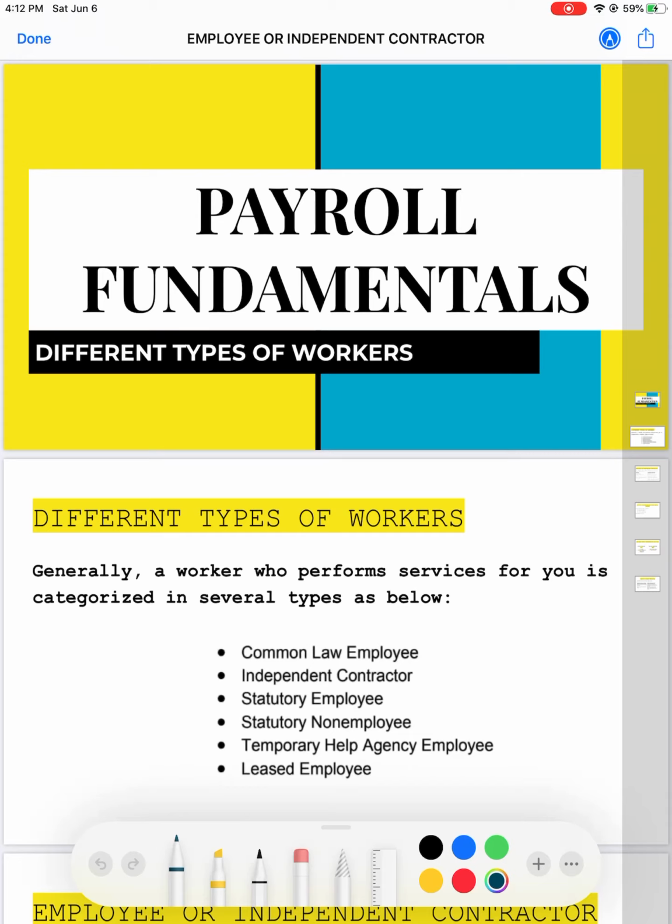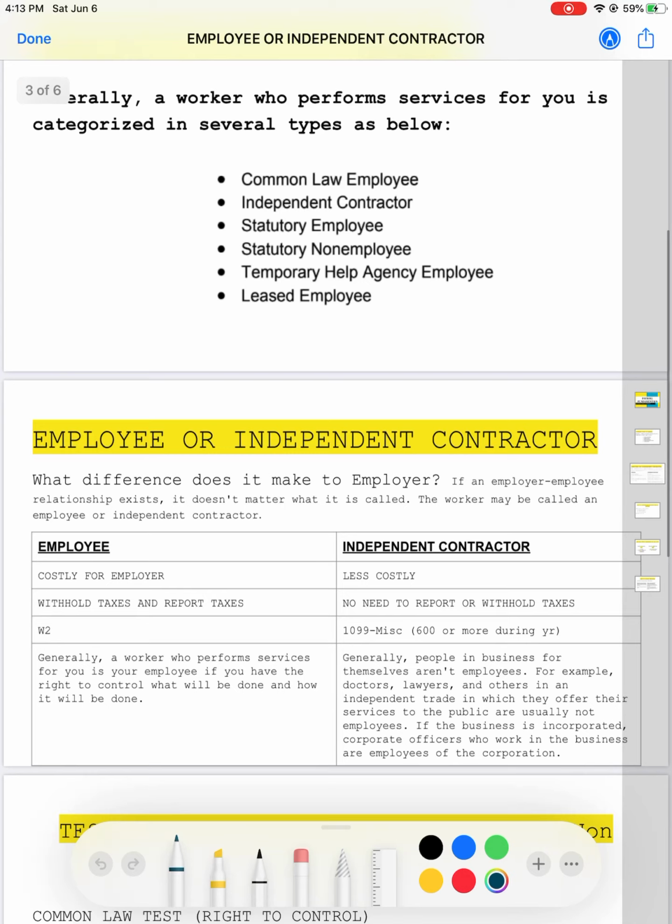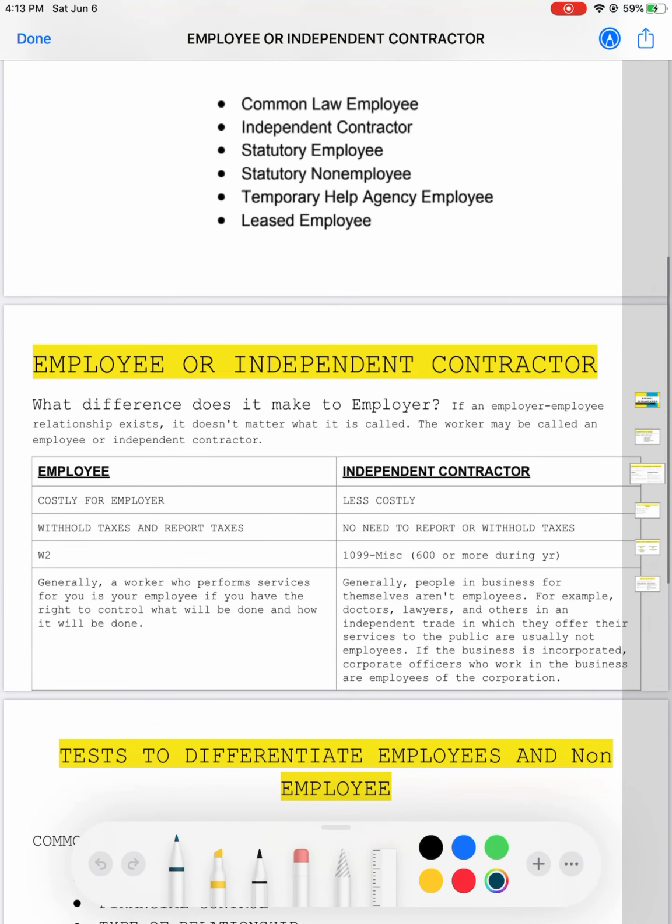But there is no obligation regarding these taxes if the employer hires an independent contractor, because the employer does not pay the taxes for an independent contractor. So that is the main difference between the employee and the independent contractor. Usually, hiring an employee is costly for the employer, and an independent contractor is less costly. And the cost depends on the tax reporting issues.